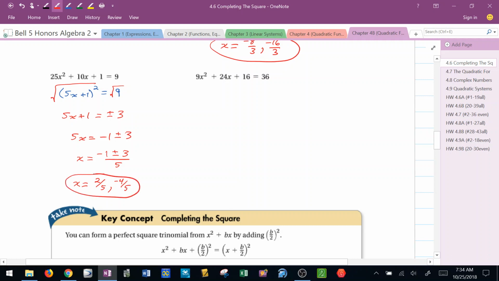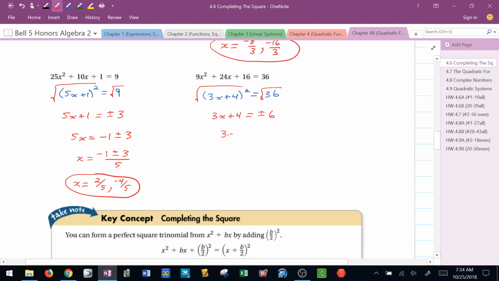All right, let's try one more like this. I notice the left side can factor to 3x plus 4 squared, and that's equal to 36. I have a perfect square on the left, so I can take the square root. I'm left with 3x plus 4. I'm going to take the square root of the right. I get plus or minus 6.